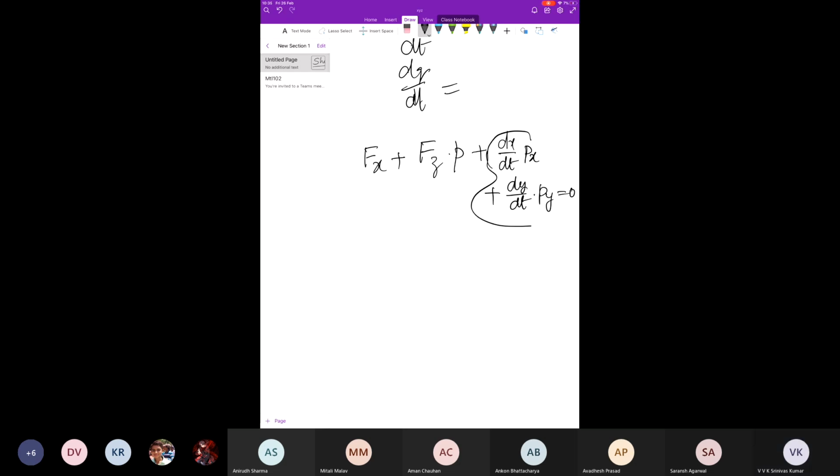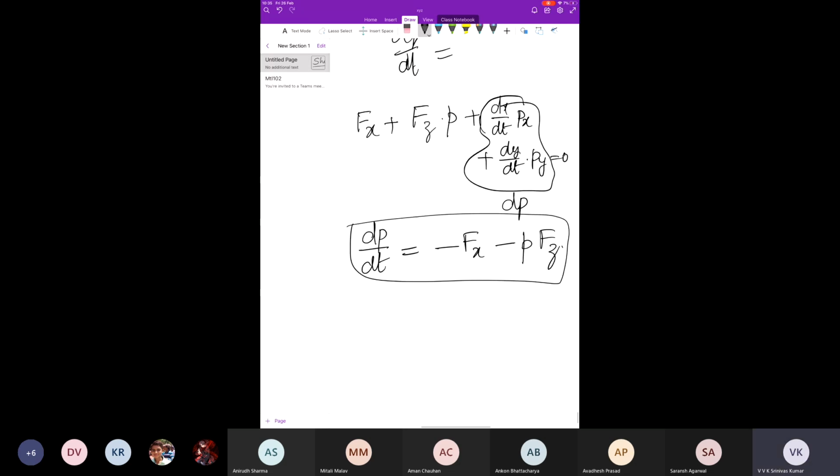This put together is dp. So dp in parametric form, dp upon dt is equal to minus fx minus p times fz. Okay.